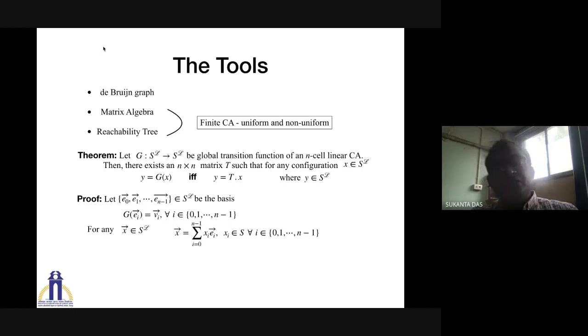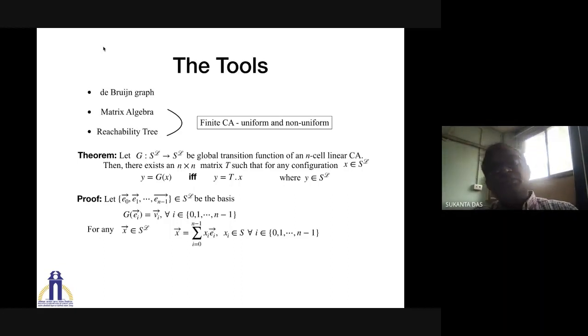From the definition, you take any configuration x; I can express x as x0 e0 plus x1 e1 plus dot dot dot plus x n minus 1 e n minus 1.